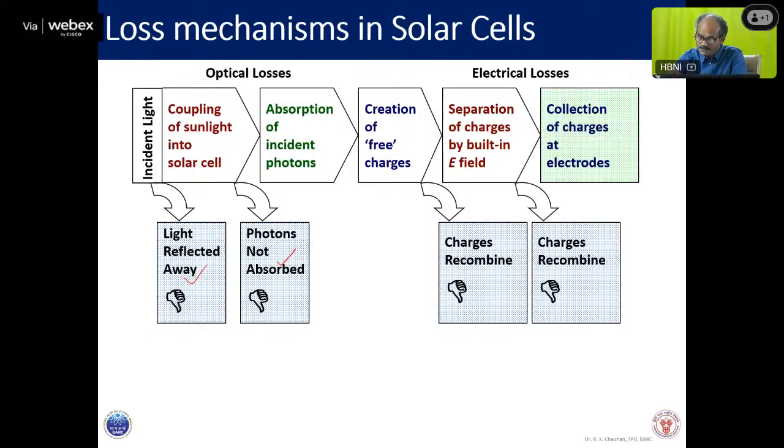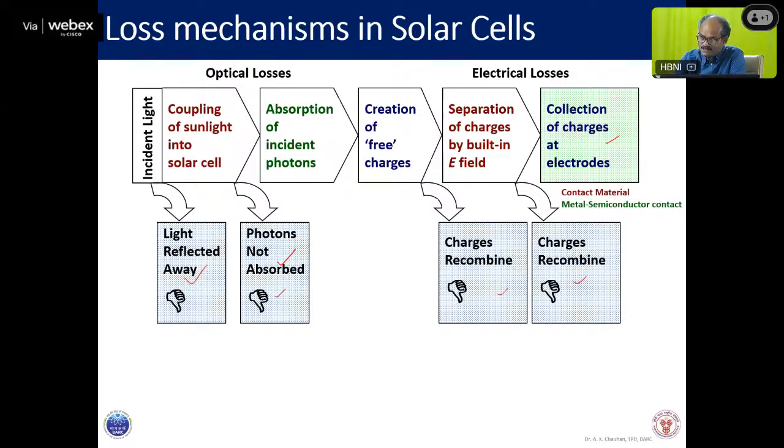They can also recombine at the electrodes. So if they are not recombined and they reach the electrodes, only then can they pass through the external load. So you can see these four important losses which we studied in the last few slides.